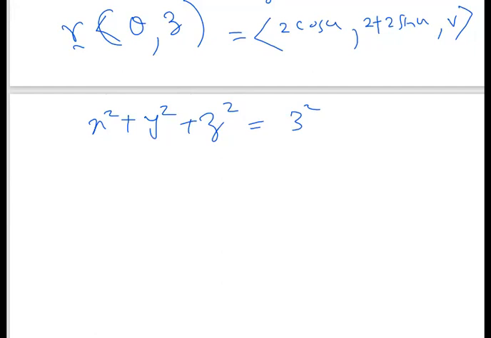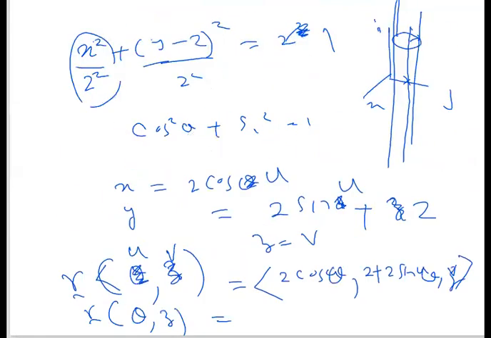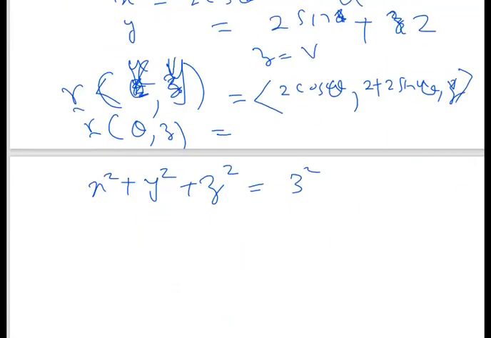You can use any letters if you like; this is u and v. If you use different letters, you can use theta and z. So anyway, you can write any surface using two parameters. That's the main thing. Any two letters, right?